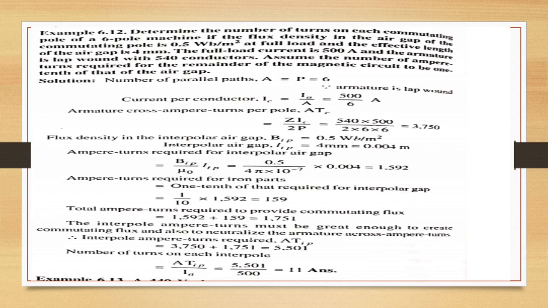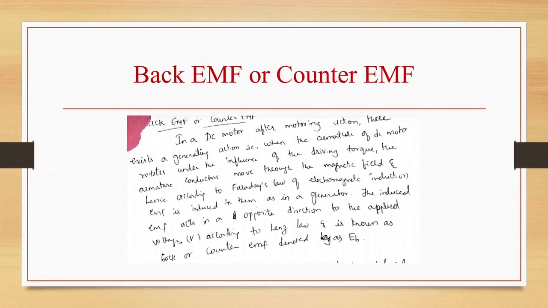So total ampere turns will be 1592 plus 159, 1751. Okay, and interpole ampere turns required is 3750 plus 1751. The interpole ampere turns must be great enough to create commutating flux and also neutralize the armature cross ampere turns. So the number of turns on each interpole is API by IA, that is 5501 by 500, which is the answer.